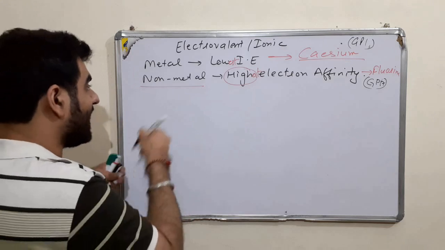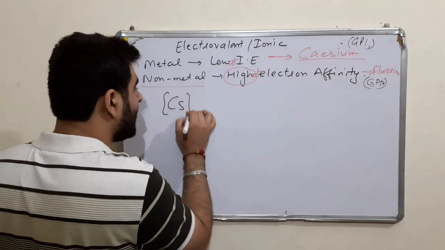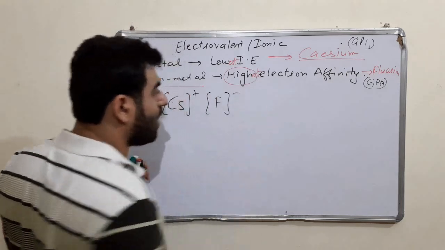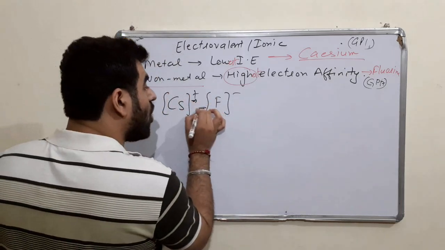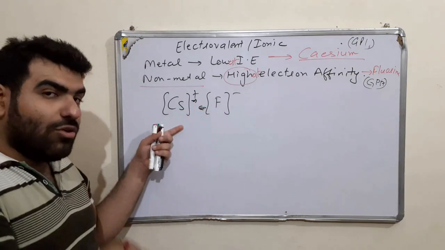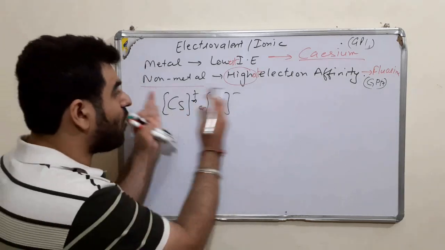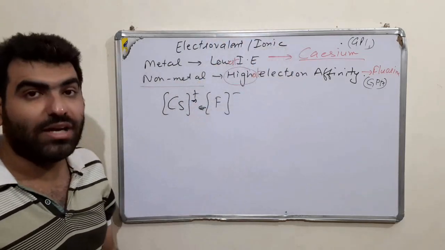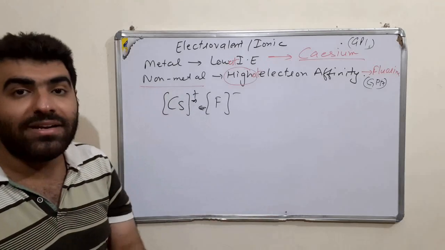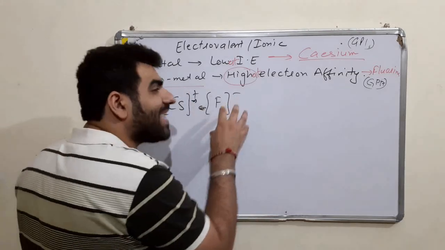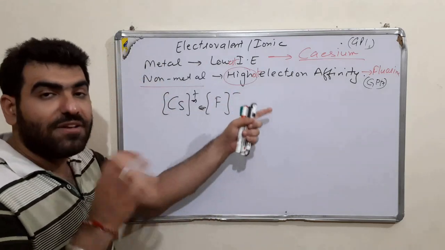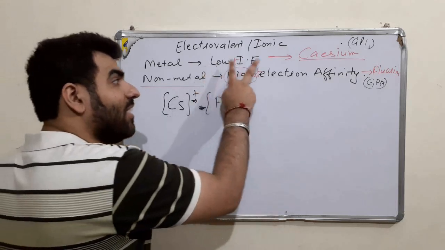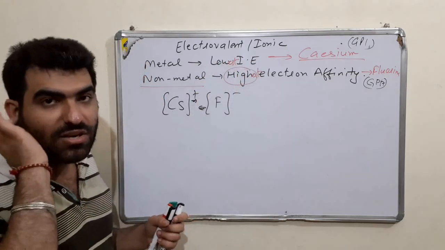So cesium has the tendency to lose the electron and form Cs+. Fluorine has the maximum electron affinity to form F-, and because cesium can easily lose and fluorine can easily gain, the bond formed between cesium and fluorine would be the most electrovalent or most ionic bond of the entire periodic table, because it satisfies the factors for the formation of the electrovalent bond in the best possible way: the lowest ionization energy and highest electron affinity.